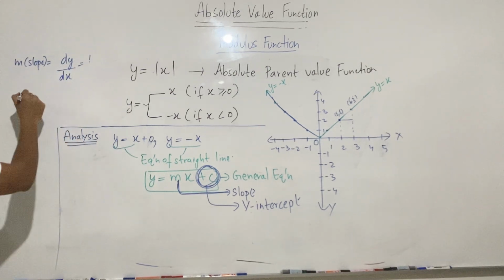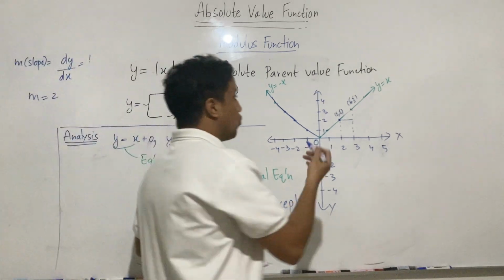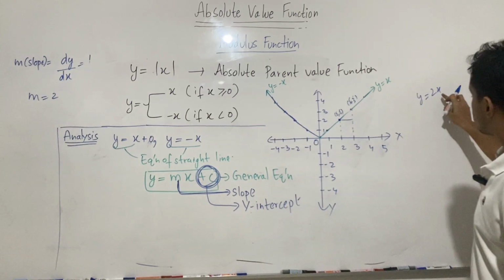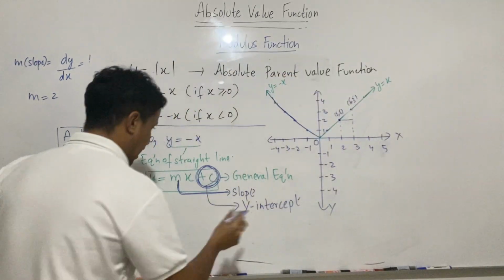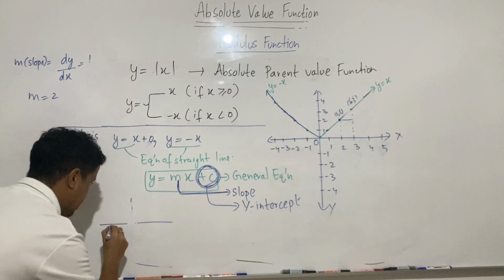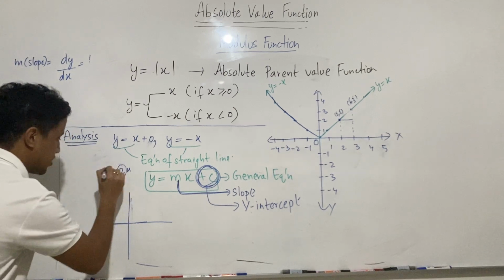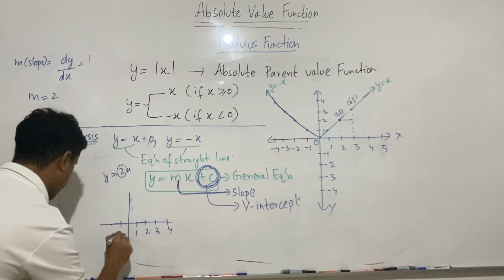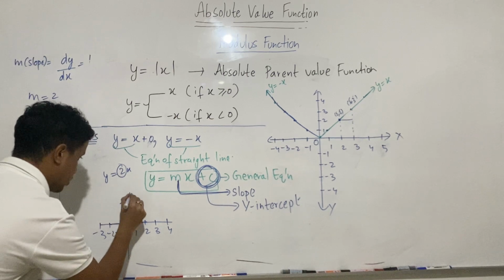Now see here, when your slope is 2, what would happen? y equals 2x. I can draw here y equals 2x. The slope is 2. What does it mean? It means 1, 2, 3, 4. Here -1, -2, -3. Here 1, 2, 3, 4.